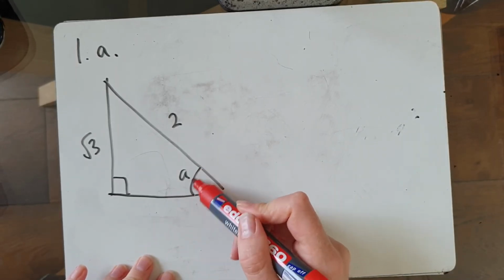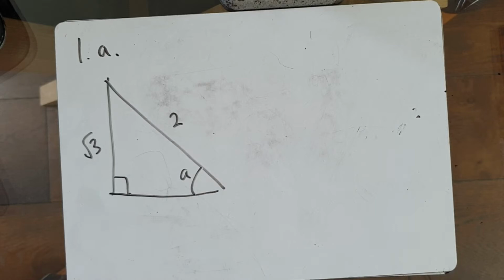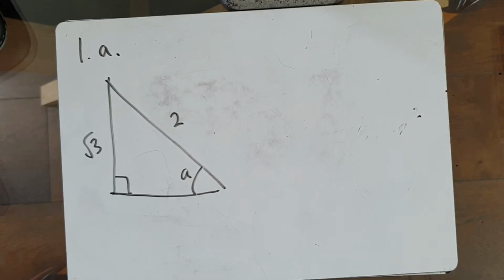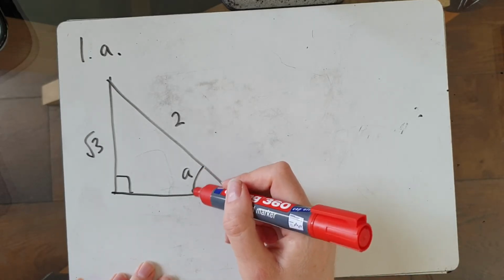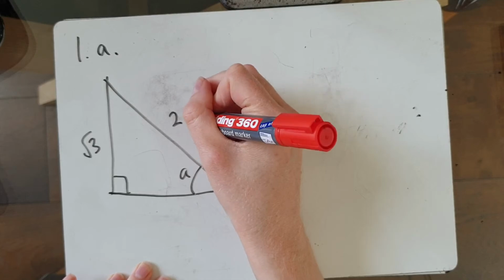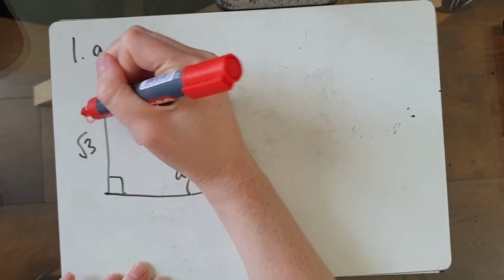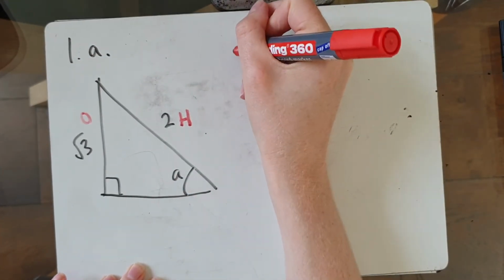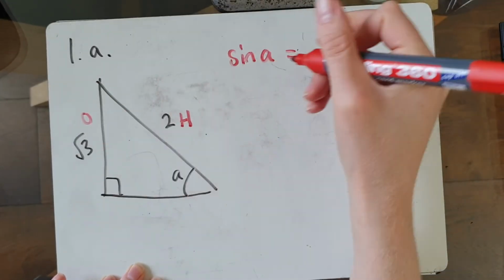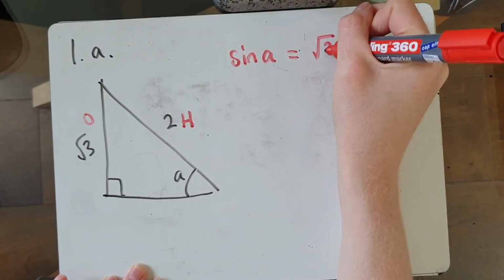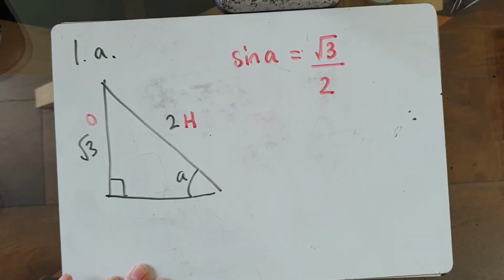So we want to find the size of angle A, but we cannot use our calculators. We are going to use normal trigonometry. No sine rule, no cosine rule, just standard trig. We want this angle, and we've got the hypotenuse and the opposite. So we know that sine of this angle is equal to root 3 over 2.